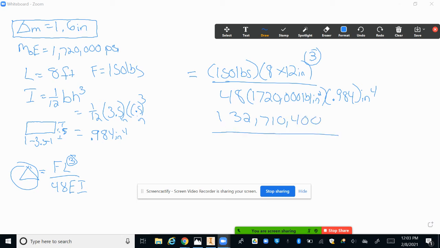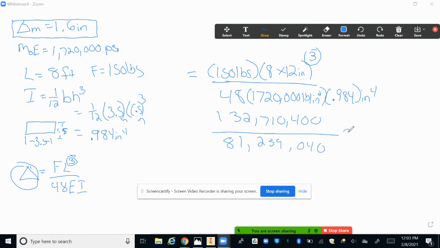Okay, over, and then let's go to the bottom. So I'm going to take 0.984 times 1,720,000 times 48, and I also get a really large number, 81,239,040.